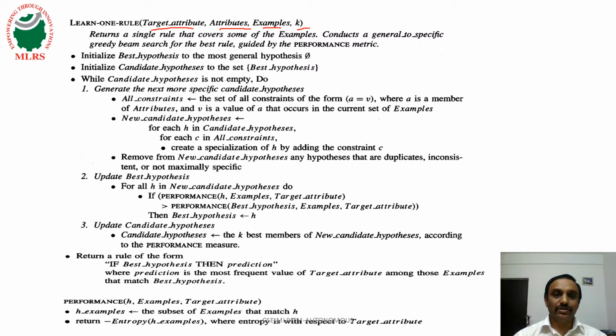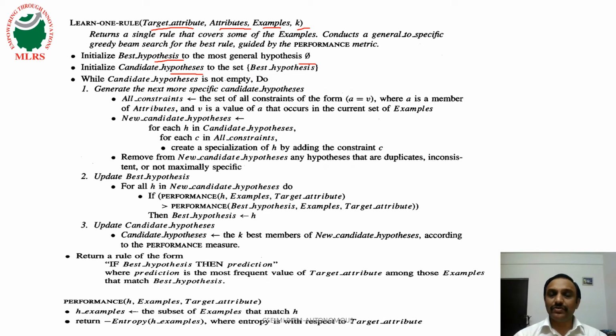So first we are initializing the best hypothesis as the most general hypothesis. That is what we discussed in the previous case. Then we have to initialize the candidate hypothesis. While the candidate hypothesis is not empty, up to that point we have to repeat our algorithm.